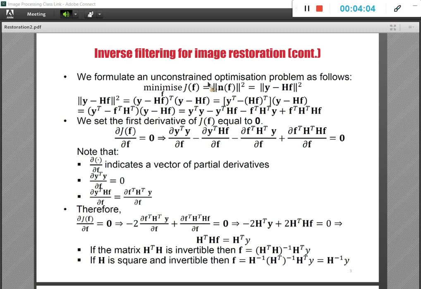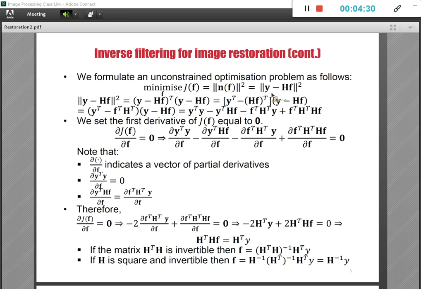We formulate an unconstrained optimization problem as here. We are minimizing J(f), which is the norm of n, or you can assume the squared magnitude of n.